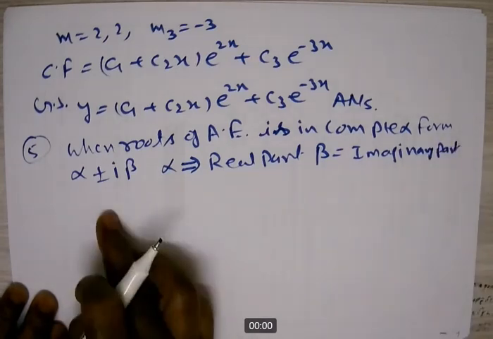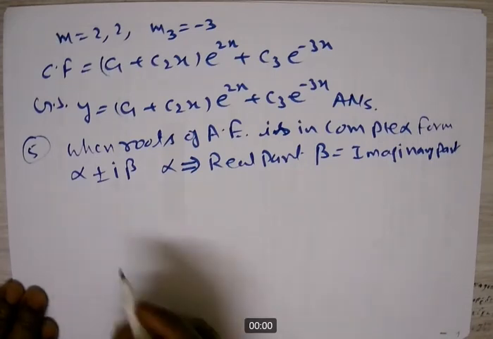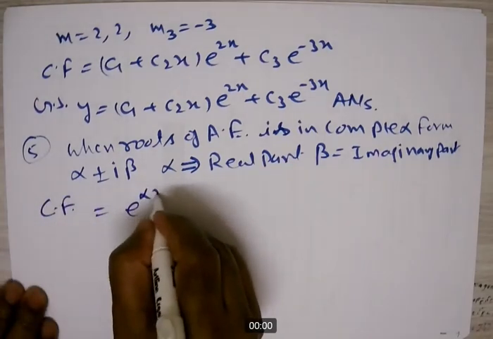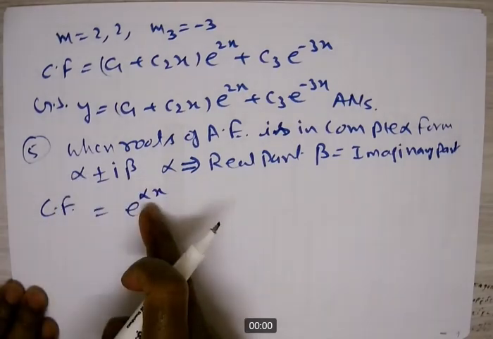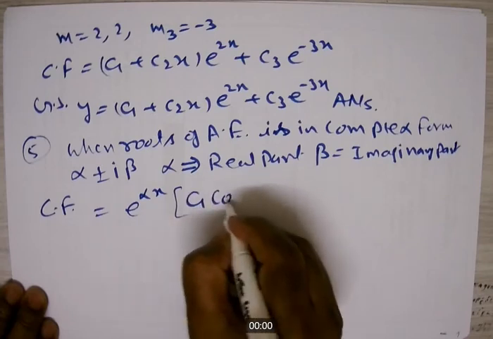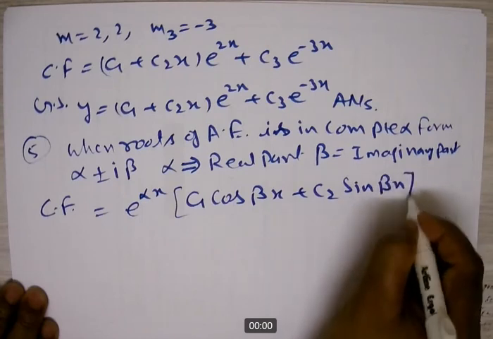Maybe when you solve the differential equation, you will not get roots that are equal, the roots are different, using your calculator or factorization method. Then how to write it? The complementary function will be e power alpha x, where alpha is the real part, into (c1 cosine of beta x plus c2 sine of beta x).